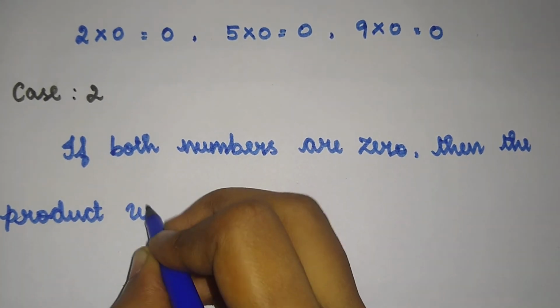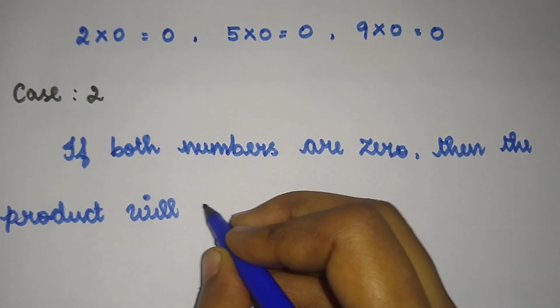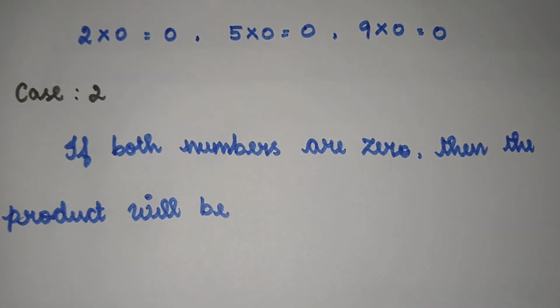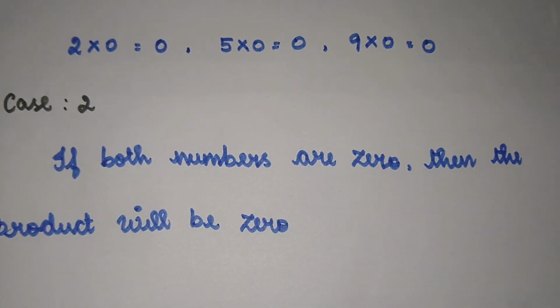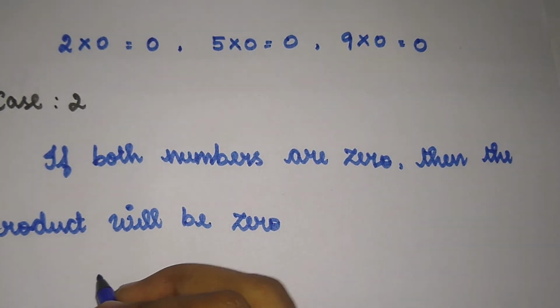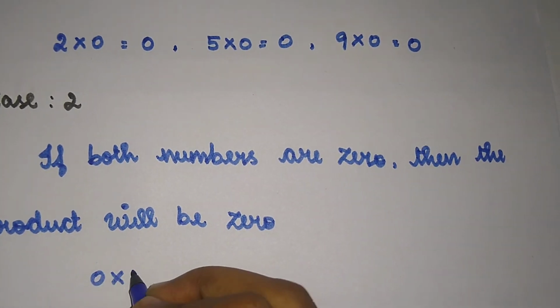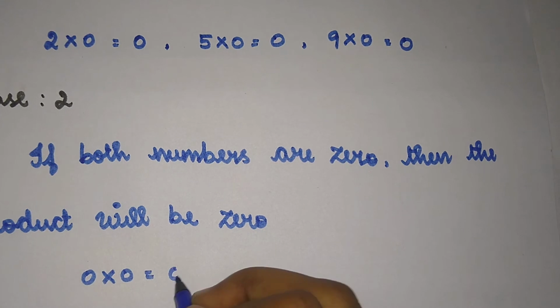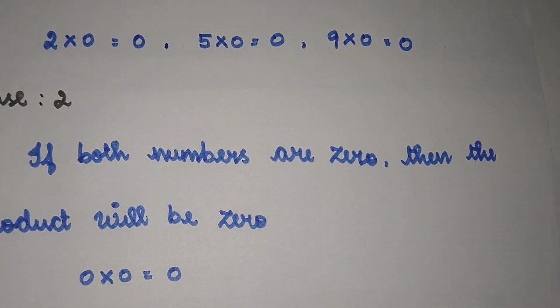Okay, if we multiply 0 by 0, the answer will be 0. Let's take an example. 0 into 0. 0 into 0 means the answer is 0. So, 2 cases satisfied. Next, let's see the fourth sum.